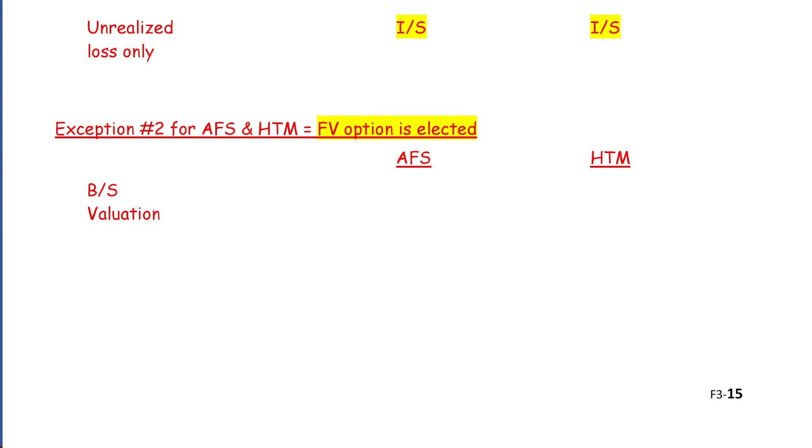For AFS, that's always fair value. But for HTM, which was otherwise recorded at amortized cost on the balance sheet, the moment the fair value option is elected, these are now recorded at fair value on the balance sheet, and highlight that.